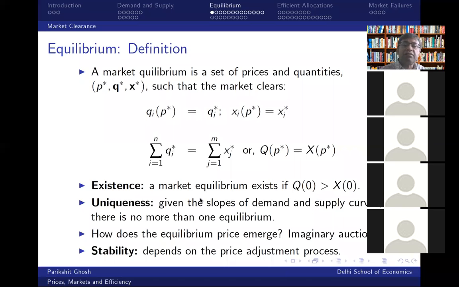As you go on in your second micro course, I'm sure you will come across theories where you will see that sometimes prices can get stuck, not because the government puts a price ceiling or a price floor, but for other reasons. There are famous papers, for example, by Shapiro and Stiglitz for labor markets.